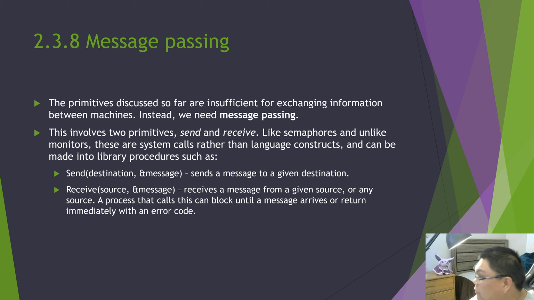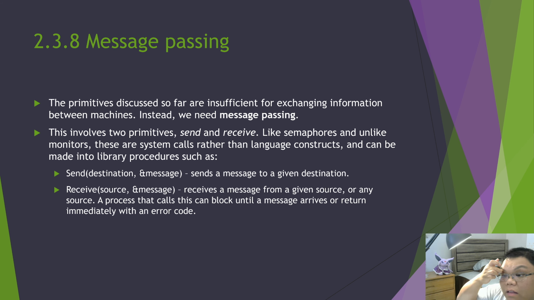And finally, one of the things that we need to know when it comes to inter-process communication is message passing. When you have two processes on two separate computers, they cannot share memory. So the only way they can talk to one another is using message passing.